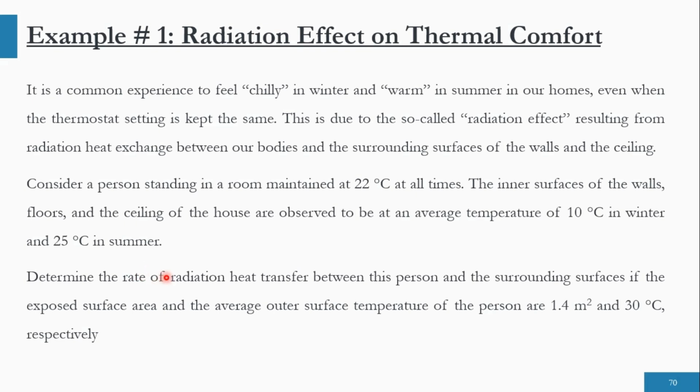Determine the rate of radiation heat transfer between this person and the surrounding surfaces if the exposed surface area is 1.4 square meters and the average outer surface temperature of the person is 30 degrees centigrade. Using this information, we will find the radiation heat transfer for both summer and winter seasons.